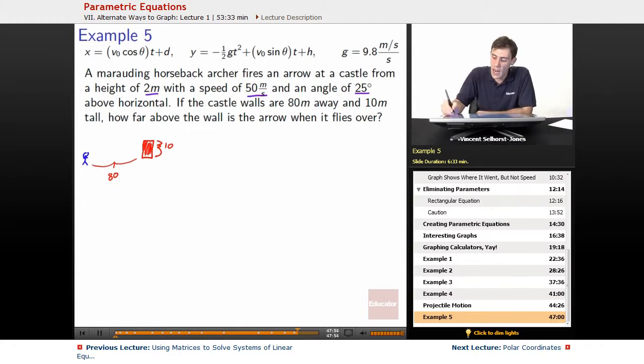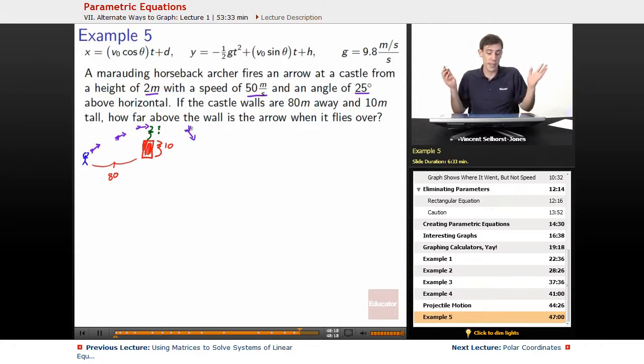He fires an arrow, and it flies through the air. We want to know, just as it gets above the wall, how high is the arrow above the wall? Then it will land on the other side. Hopefully it won't hurt anybody. Well, he is a marauder.